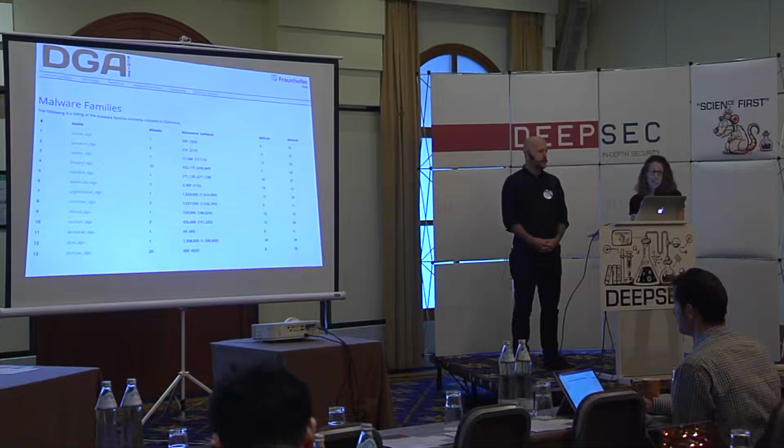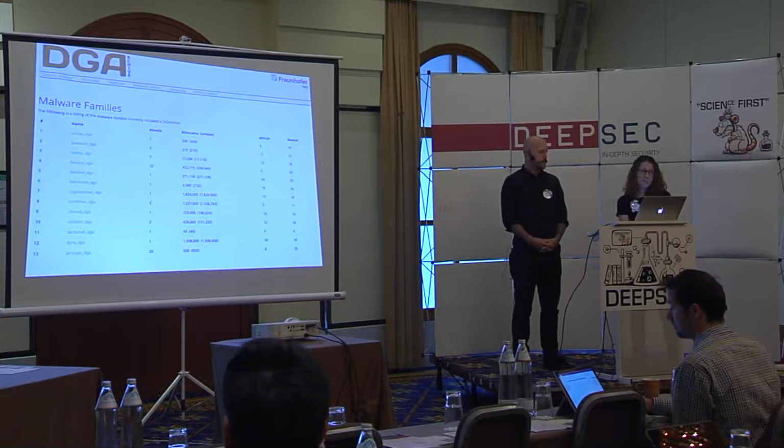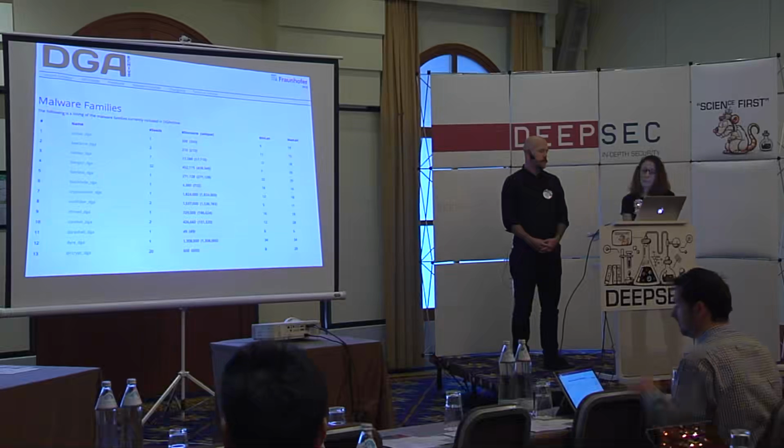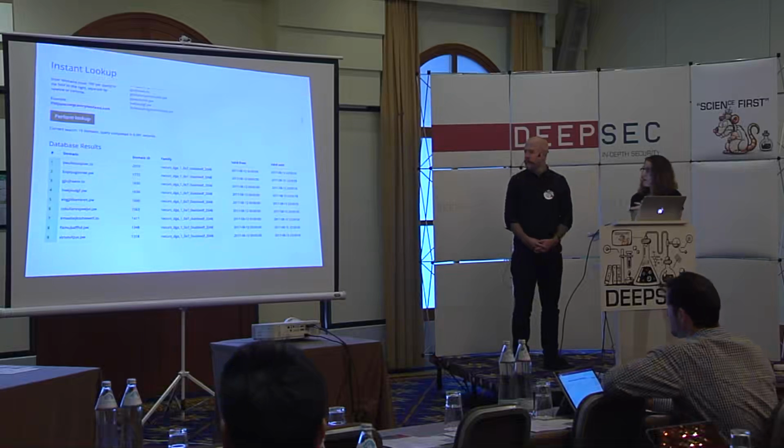Another one is DGArchive. So here, it's a database of reverse engineered DGAs, and they have the regexes here where you can put in a domain and it will tell you what family they believe that it matches on.